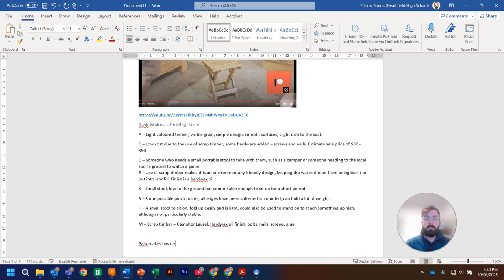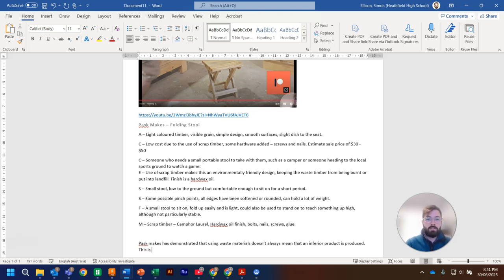Paskmakes has demonstrated that using waste materials doesn't always mean that an inferior product is produced.